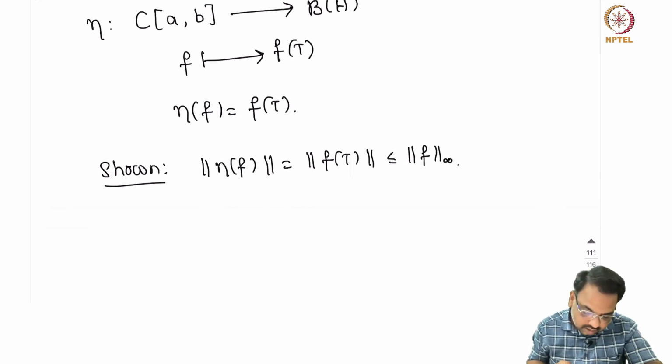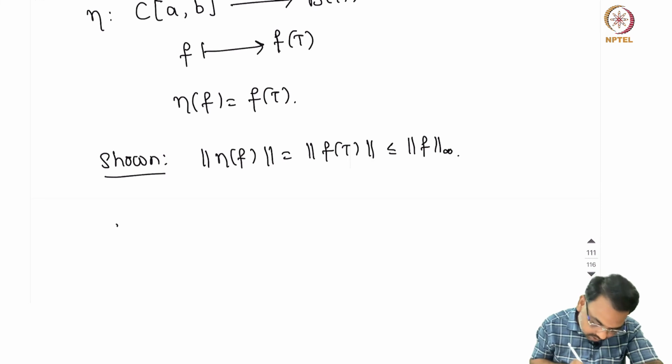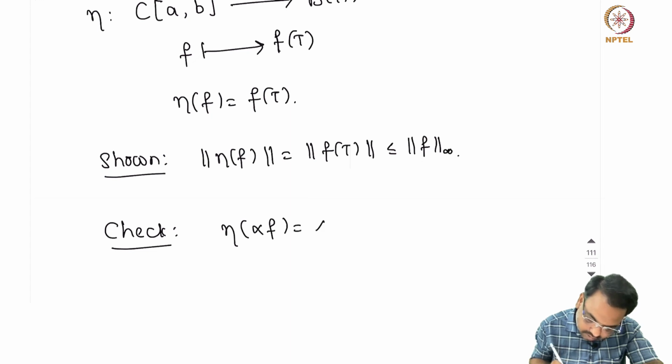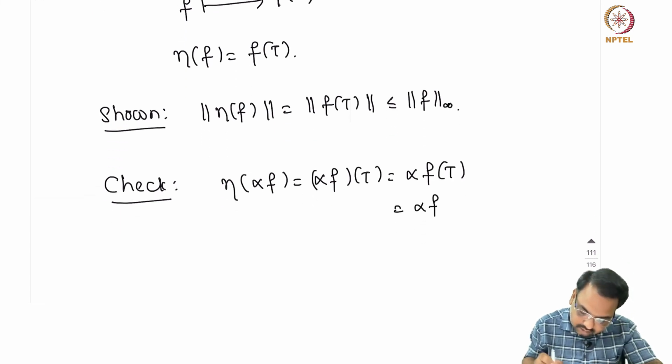Okay, now we can easily show that eta is linear. So we can easily check that eta of alpha f is alpha f of t, which is alpha times f of t, that is alpha times eta f.